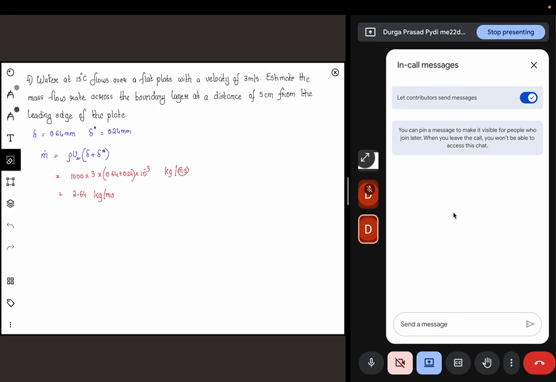Maybe it's not per meter second, it's kg per second times meter. That meter is basically for the unit width of the plate. Are there any questions?